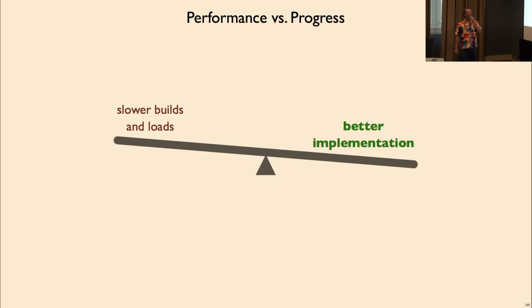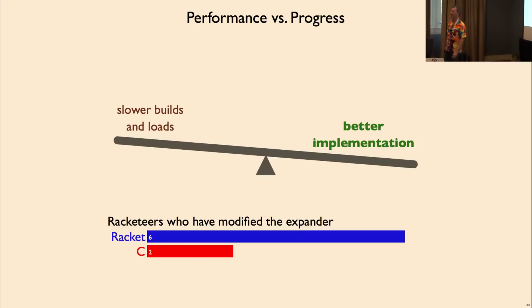We've already seen the seesaw today, but here's the seesaw again. Yes, we got slower builds and loads, but having a better implementation is going to outweigh that. And I've shown you a bunch of performance graphs that are kind of depressing after a couple of years of work. So I made up a performance graph that shows how much better Racket CS is. This is the number of people who have been willing to modify the Racket macro expander.